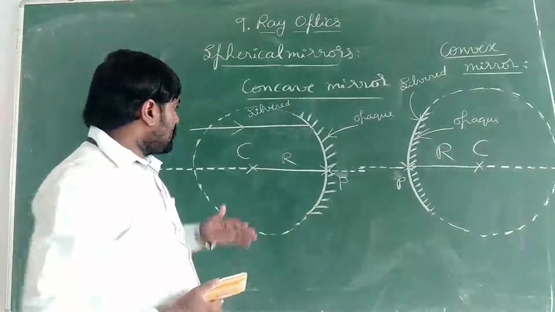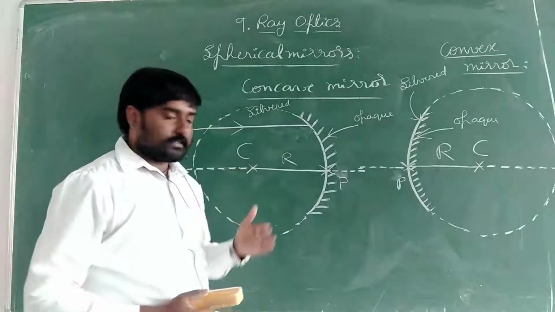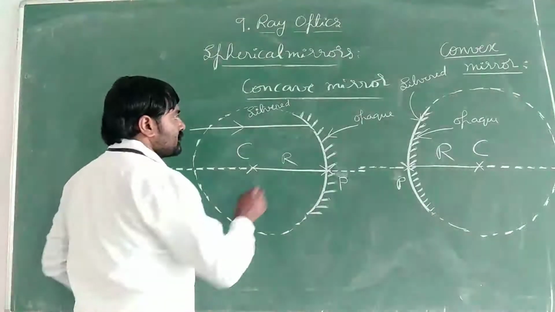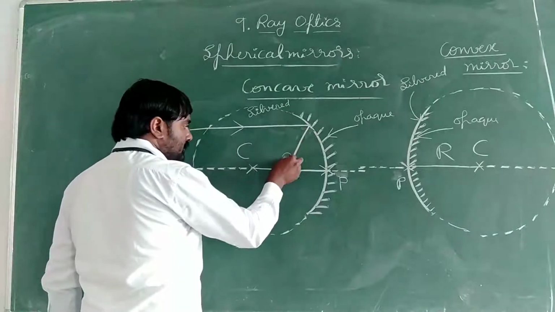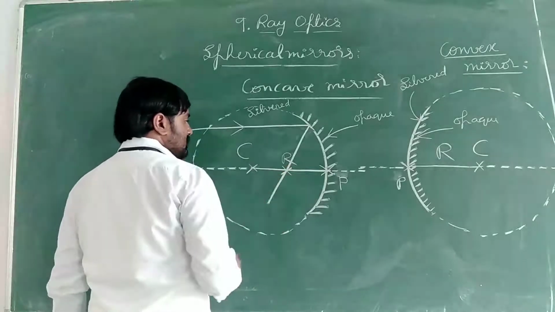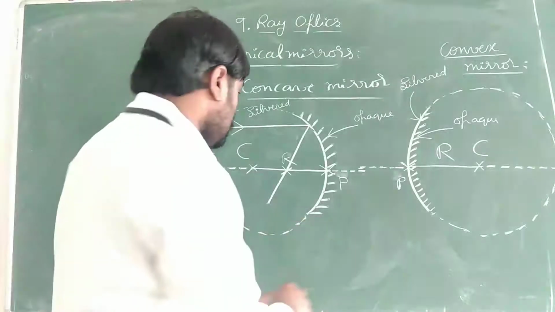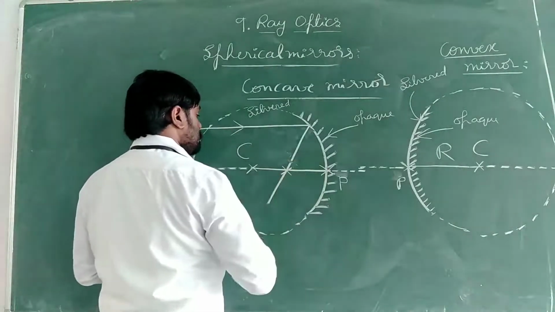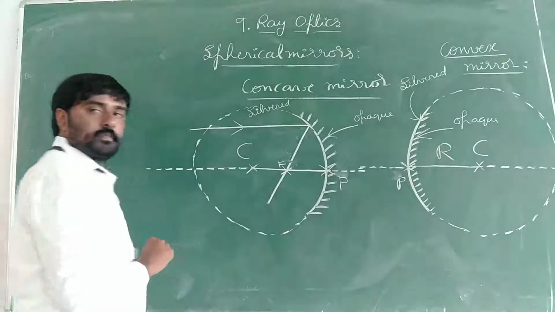So, whenever a ray of light is incident on the silver surface of the mirror parallel to the principal axis, after reflection, it passes through a point on the principal axis. That point is called the principal focus. So this is the principal focus.